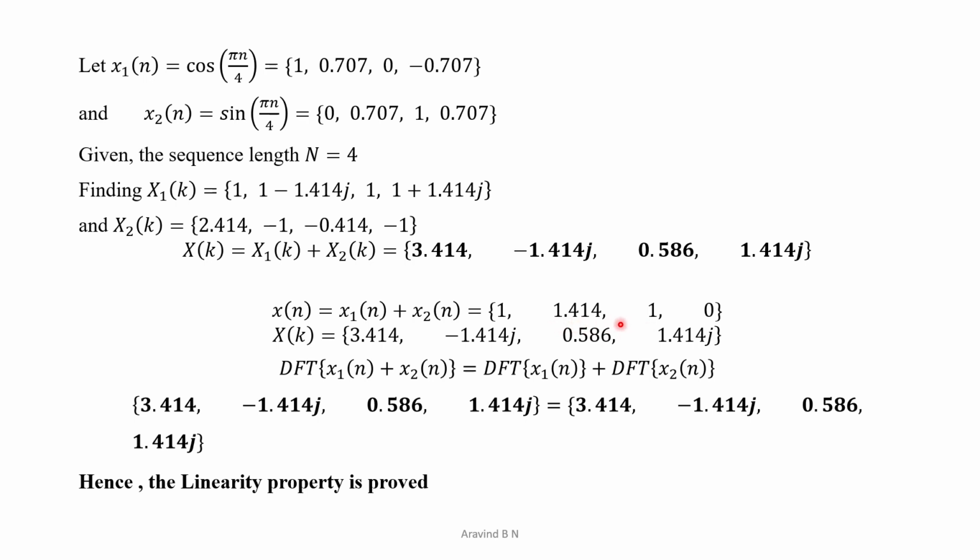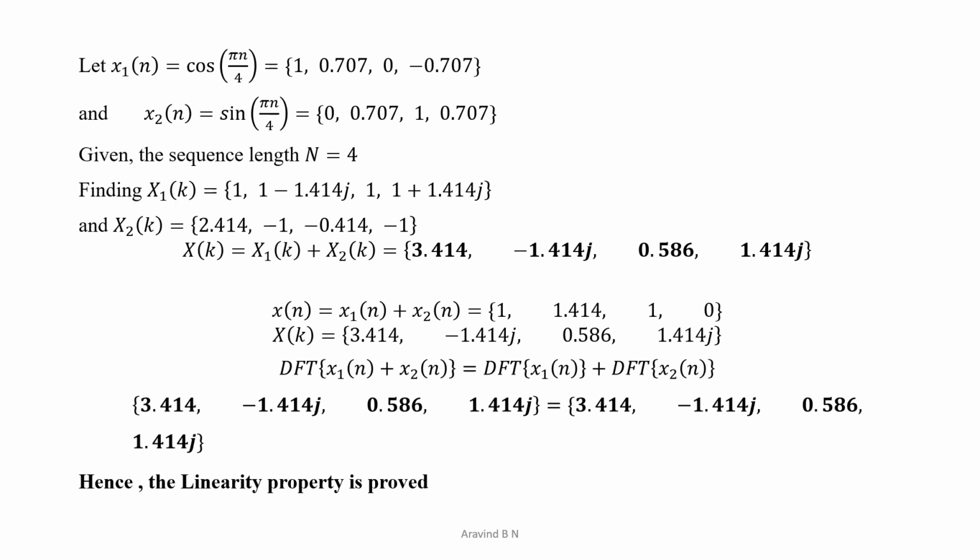For this sequence, apply the DFT and this is the x of k we get. And now this is the LHS part of the linearity property. Now we can observe the LHS part is equal to the RHS part, and that is going to satisfy the condition of the linearity property.